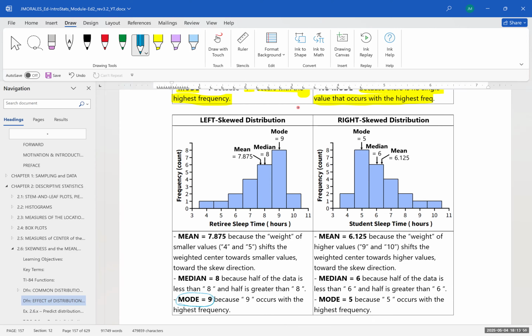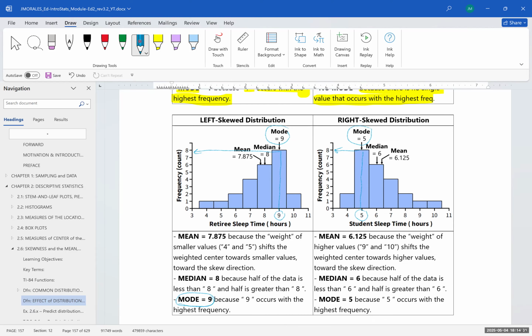In this case, the mode is 9, because a 9 has the highest frequency. On the right skewed distribution, a value of 5 has the highest frequency. Sorry, I didn't draw it the way I expected. So here the mode is 9, and here the mode is 5.